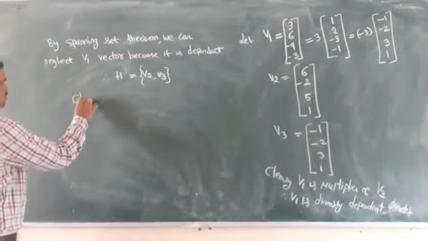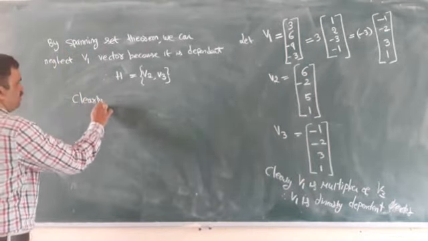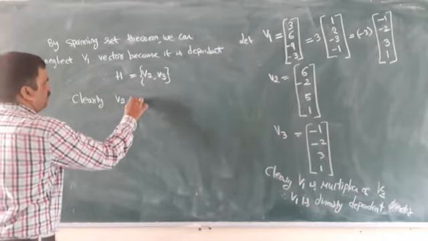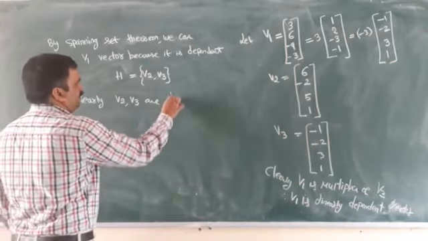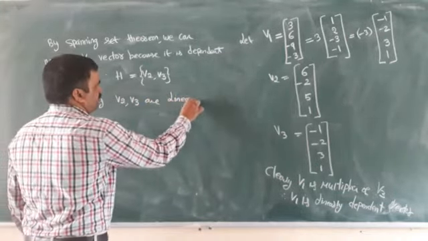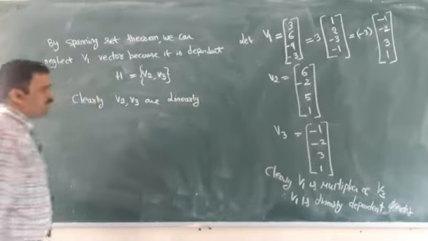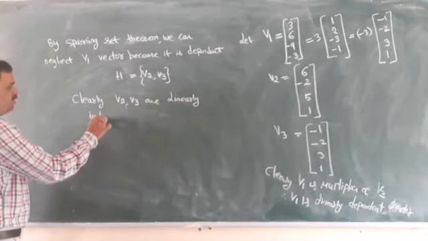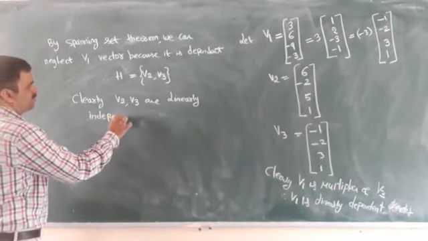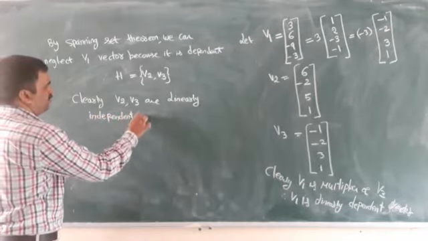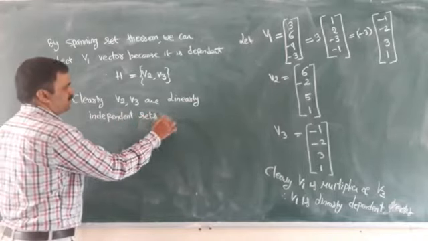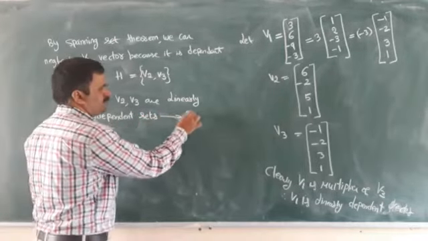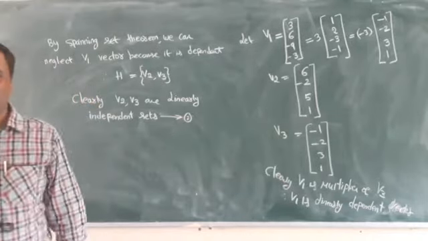Clearly V2, V3 are linearly independent sets. So I got the second point, linearly independent, and one more, linear span.